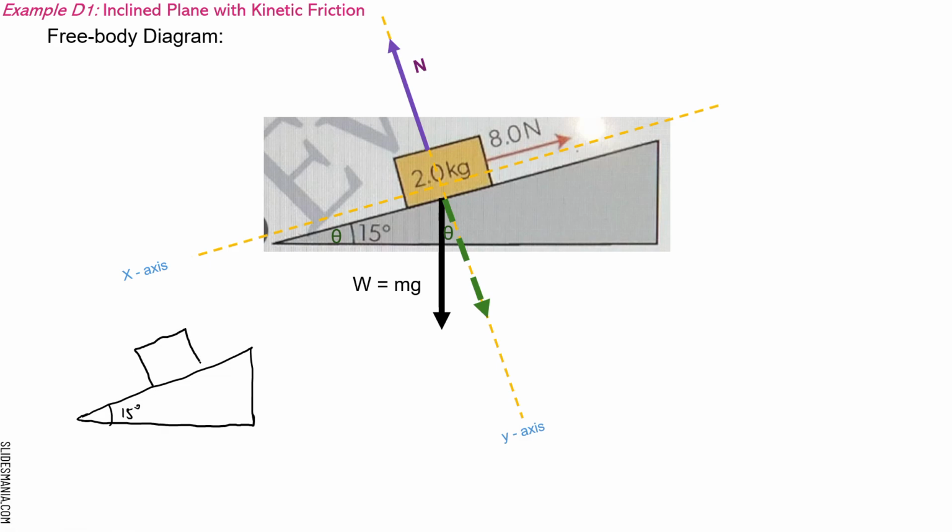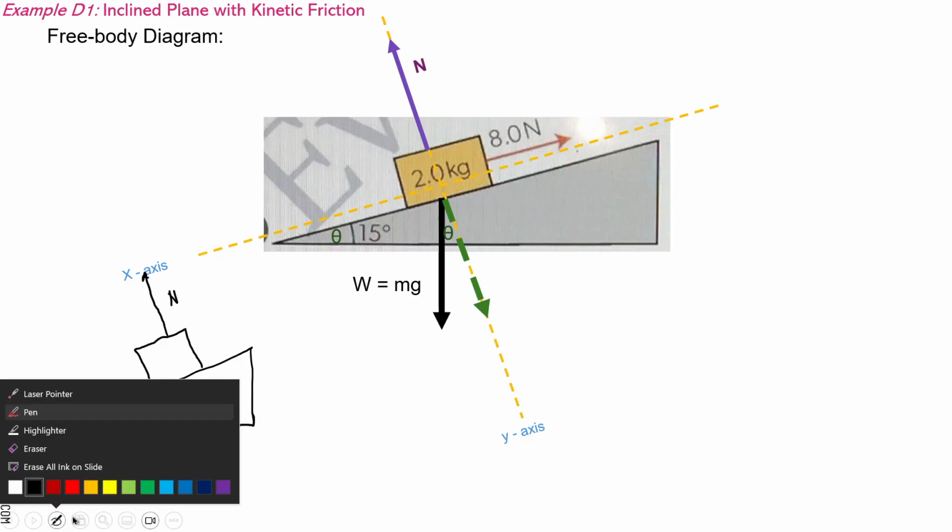Let's say that's our 2 kilogram box, and then this is the weight, W, aligned with the normal force. So I'm basically just redrawing the figure like a sketch. Again, we drew the yellow dashed line, which aligns with the normal force. Then along that yellow dashed line, we draw this green dashed arrow right here.